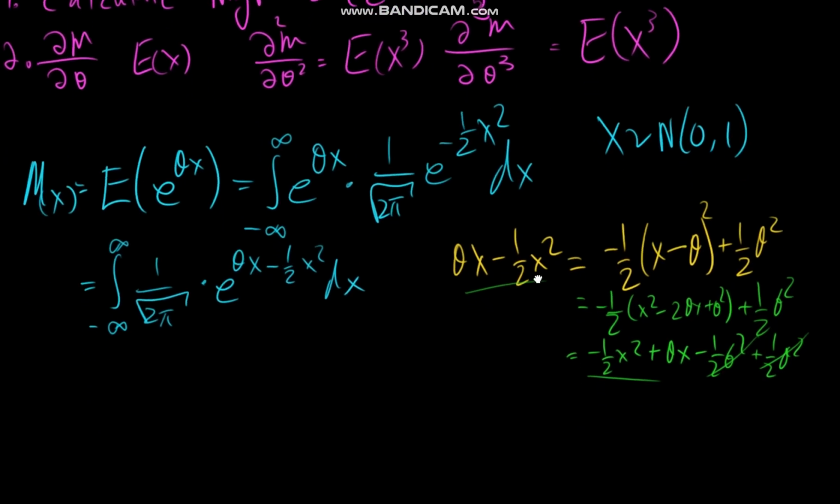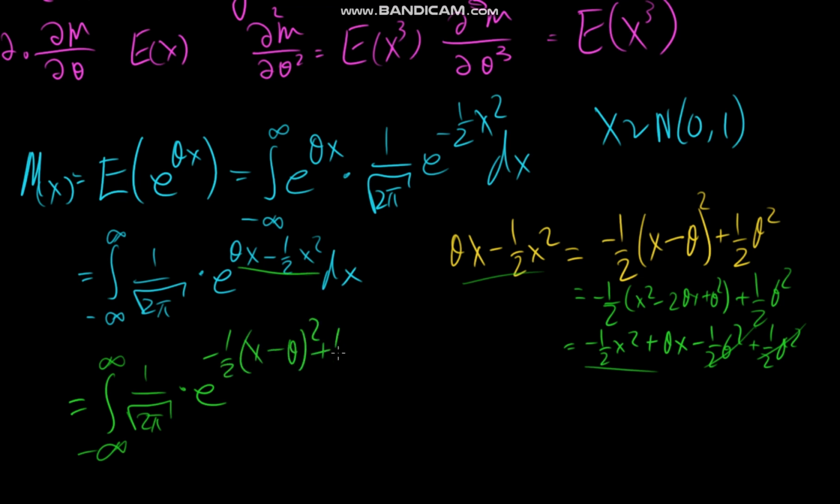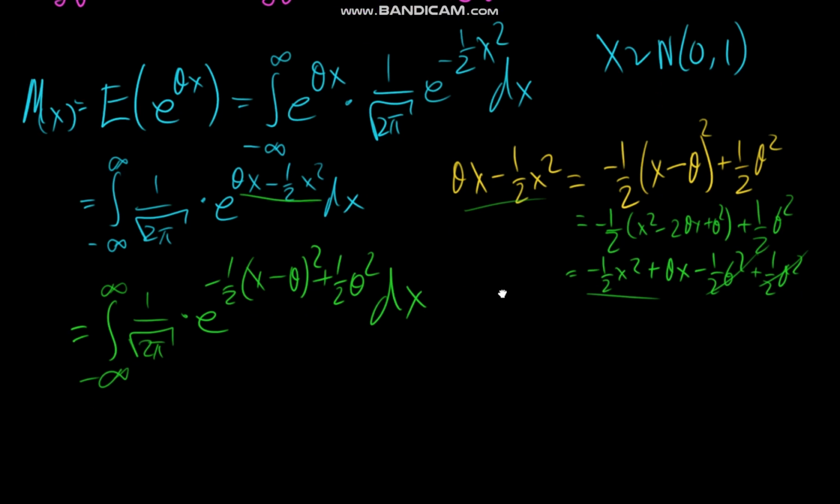Okay, so it's okay. So we can write this as the integral from minus infinity to infinity of 1 over square root of 2 pi times e to the, instead of this part, we're going to write minus 1/2 x minus theta squared plus 1/2 theta squared dx.